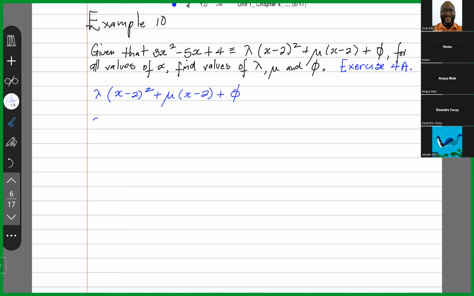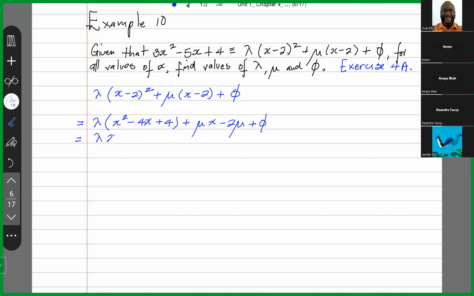(x minus 2) all squared, so this is lambda. (x minus 2) all squared is x squared minus 4x plus 4, plus mu. I guess we could do the distributive law here. We have mu x minus 2 mu plus phi. Let's remove the bracket by applying the distributive law. Whatever is in the bracket is multiplied by what is immediately outside the bracket.